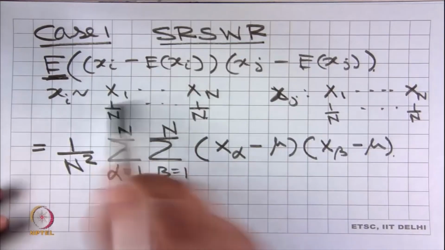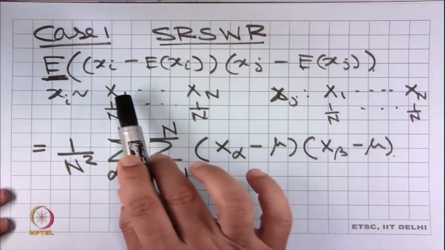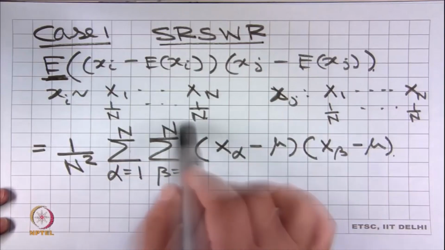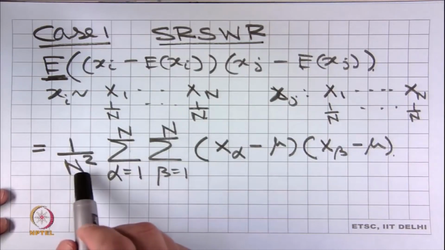Because each possible pair x alpha beta, there are n square many such pairs, can occur with probability 1 upon n square.